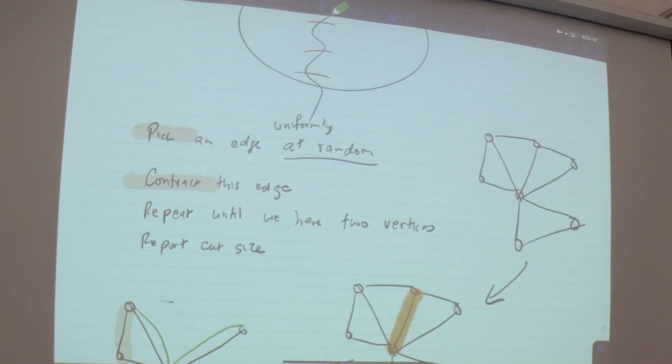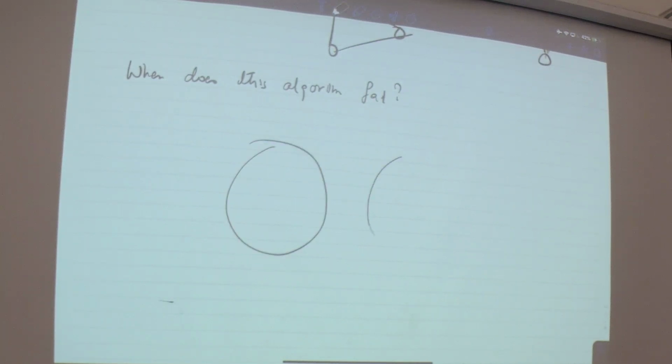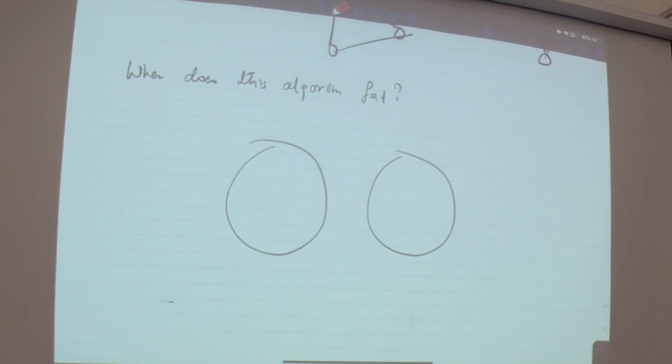Right. If you picked one of the edges that was in the min cut, so let's imagine that we have a graph. So let's draw a graph here. So when does this algorithm fail? Imagine that I have a graph, and imagine that we could look into the future and see what the min cut was and what these edges are.